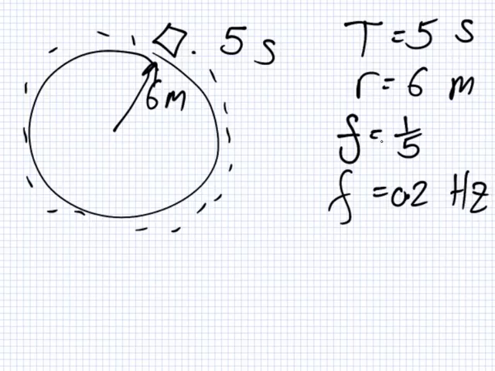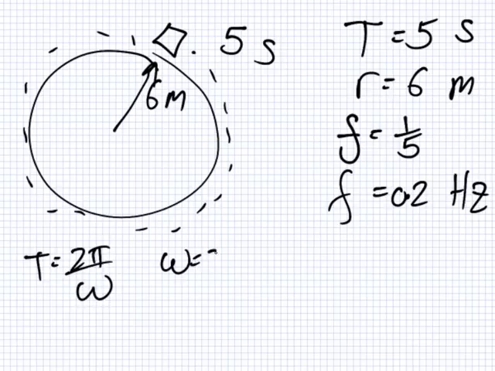Yes? No, not yet. We need to get the omega. So you have T equals 2 pi over omega. So omega equals 2 pi over T. So omega is 2 pi over 5. Oh, I guess I didn't need to get the f. We don't need this.